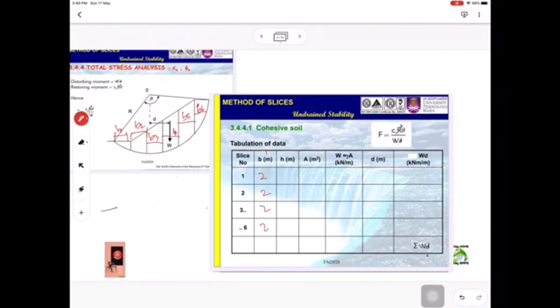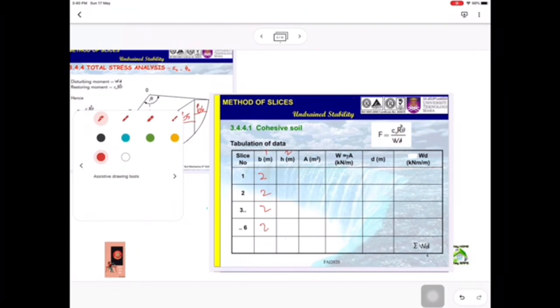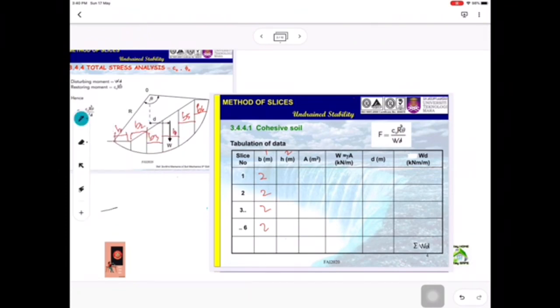Okay, and H, what is H? This column number 2. H is the average height at where you assume W occur. So this is W at the center, W at the center.